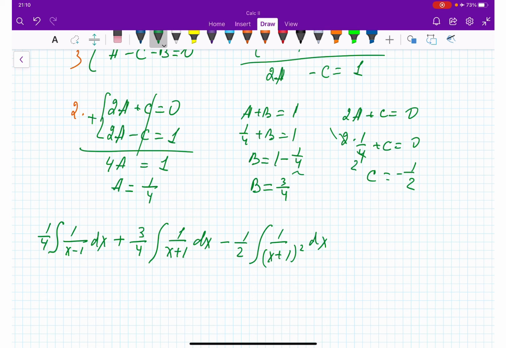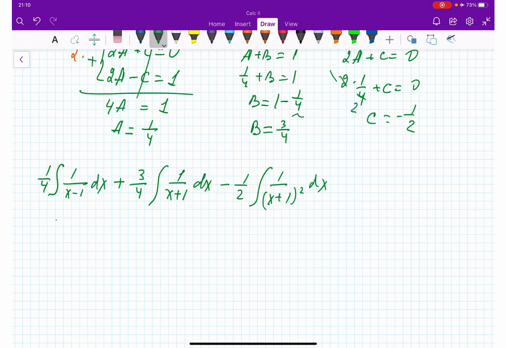Okay, so we are getting 1/4 natural log of |x minus 1|, plus 3/4 natural log of |x plus 1|, and let's see what we can figure out.